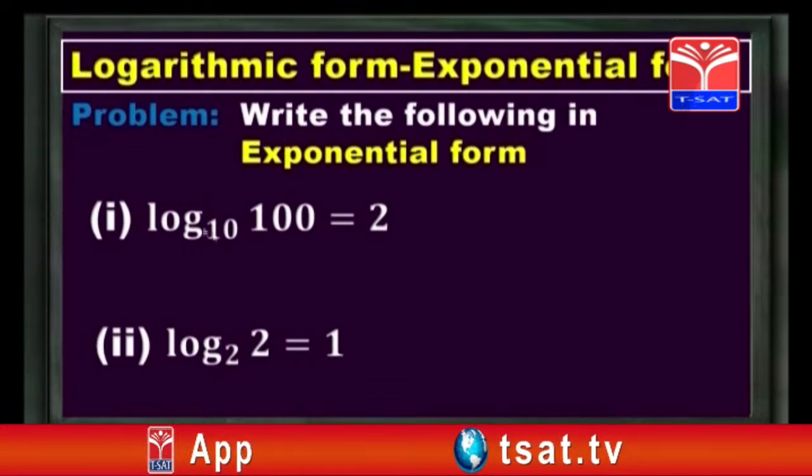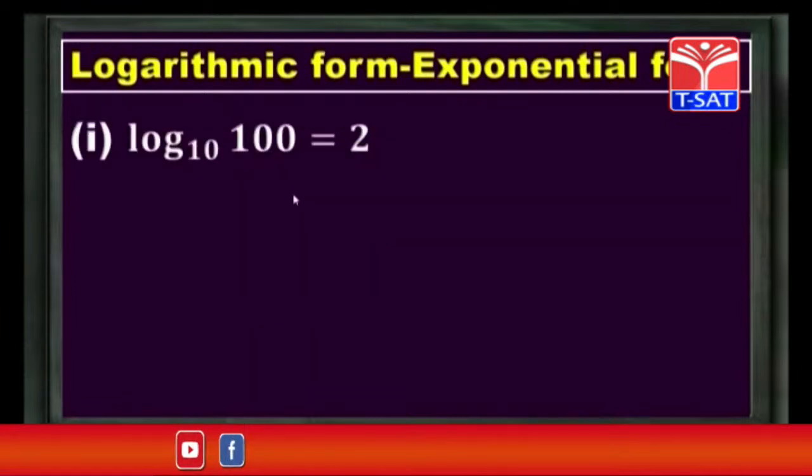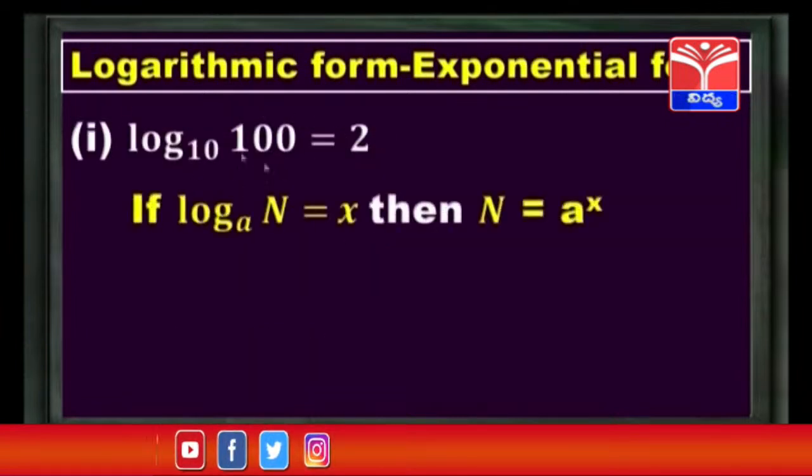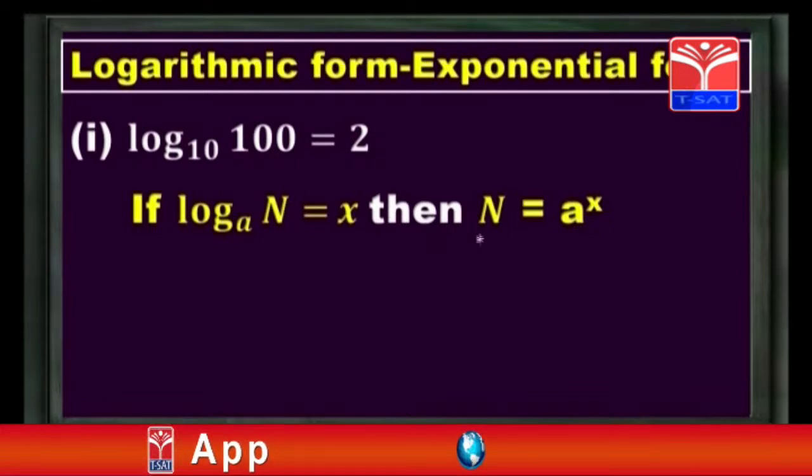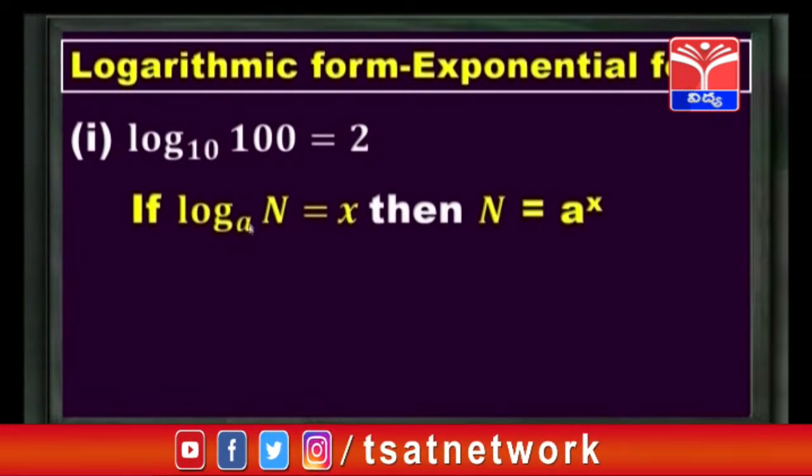Let us solve the first problem, log 100 to the base 10 is equal to 2. This is in the logarithm form. Now if log n to the base a is equal to x, then n is equal to a power x. This is the logarithm form, this is the exponential form. While converting logarithm to exponential form, we are removing the logarithm from here, and whatever the base is, this base is becoming the base of a.